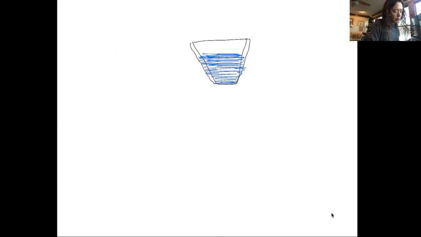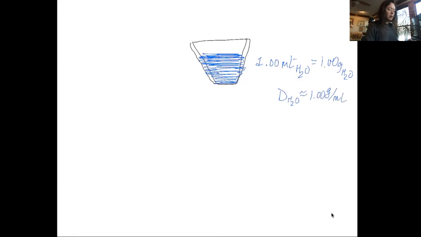And we will very likely utilize the fact that 1 milliliter of H2O is equal to 1 gram of H2O, right? Because the density of water is most close to 1.00 grams per milliliter, all right?